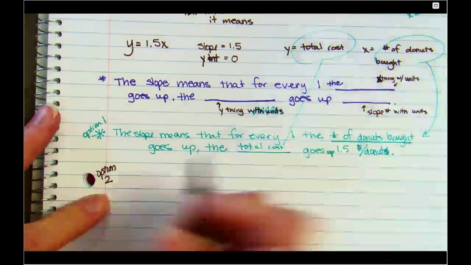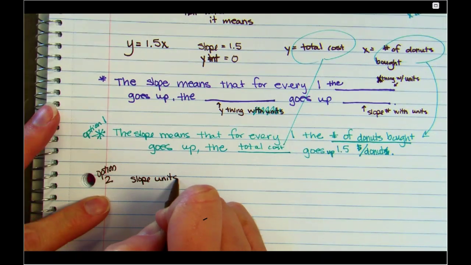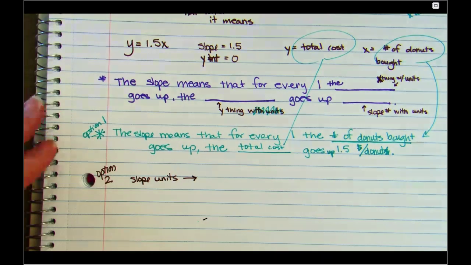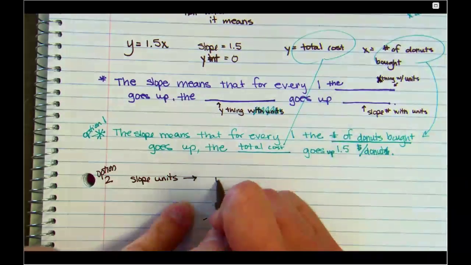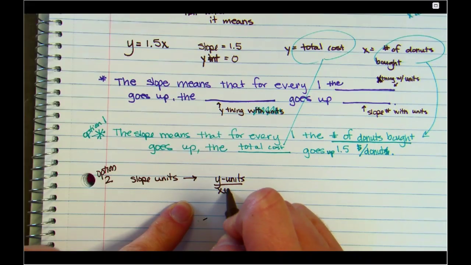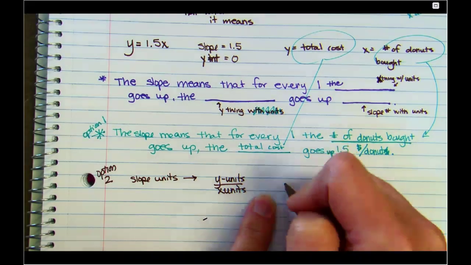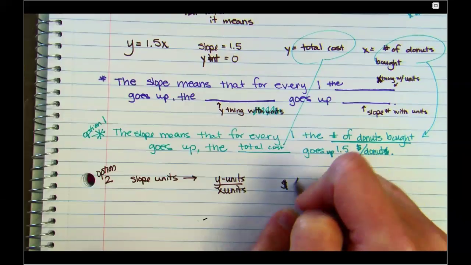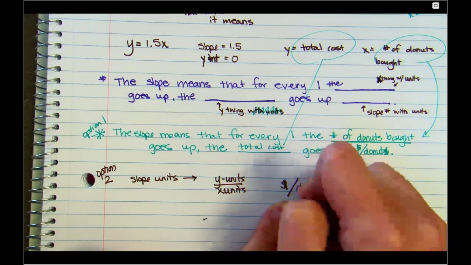is to start with the slope units. Okay, so slope units, which is up here, again, is y units divided by x units. Okay, so our y units were dollars. This is a division sign. And then we're measuring donuts in donuts.